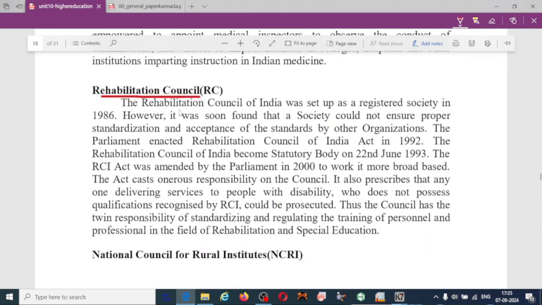Rehabilitation Council, RCI, established in 1986. It was soon found that society could not ensure proper standardization and acceptance of standards by other organizations. So the RCI Act was amended by Parliament in 2000 to make it more broad-based.